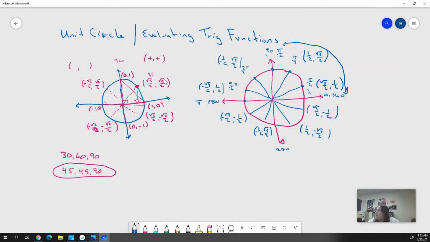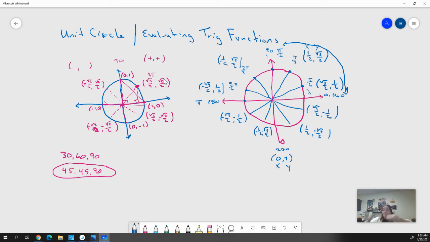Every one of these is an xy point, right? This is our x, and this is our y. Every one has a point, right? Even this right here, the line is at an x value of 0 and a y value of -1. So even that is an xy point.